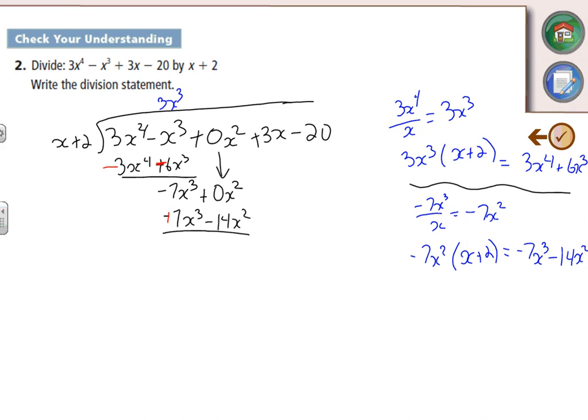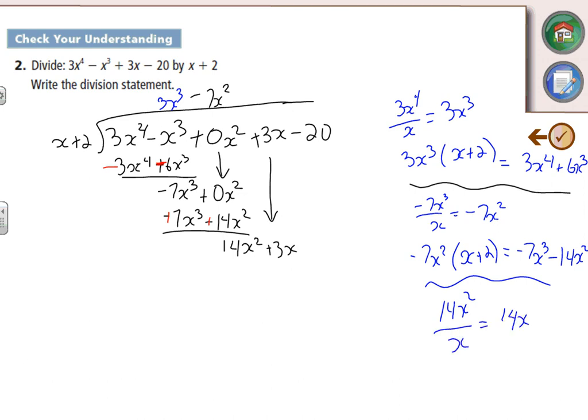Change both signs and add. Leaves us with positive 14x squared, bring down plus 3x. 14x squared, oh, I forgot to write this up here again, minus 7x squared. 14x squared divided by x gives us 14x.